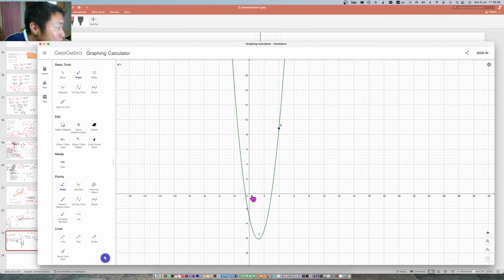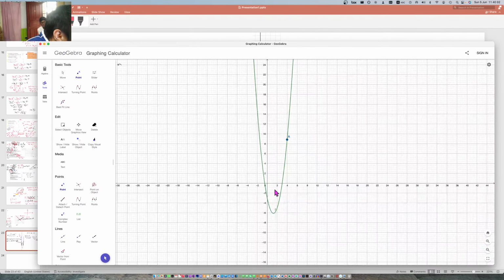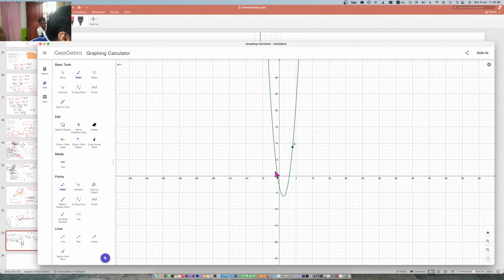Then negative 1.5. They ask you to give this point and this point, where the graph meets the axes. These are critical points you need to show. Hitting the y-axis is 1 point, hitting the x-axis is also 1 point, so all these are critical points.